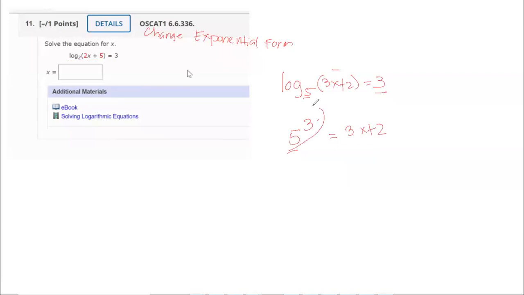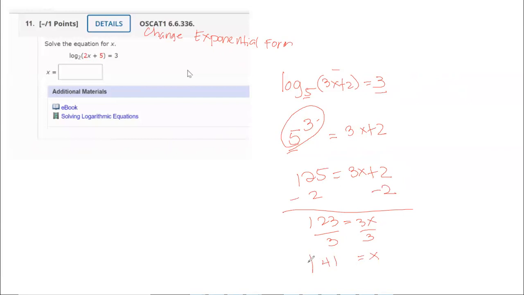Now you can simplify. 5 cubed is 125 equals 3x plus 2. You subtract 2, 123 equals 3x, divide by 3, divide by 3. So now x is equal to 41. That's your x.